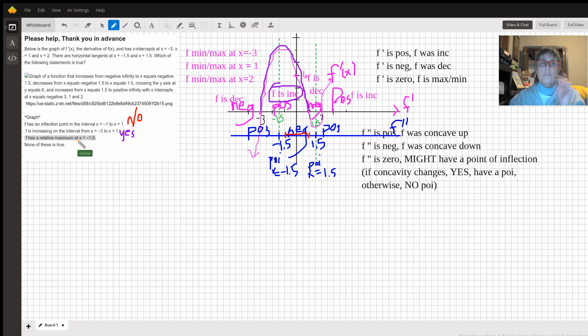F has a relative maximum at negative 1.5. F prime has a relative maximum at negative 1.5, but f does not. F's minimums and maximums are where the derivative is 0, so they are at negative 3, 1, and 2.